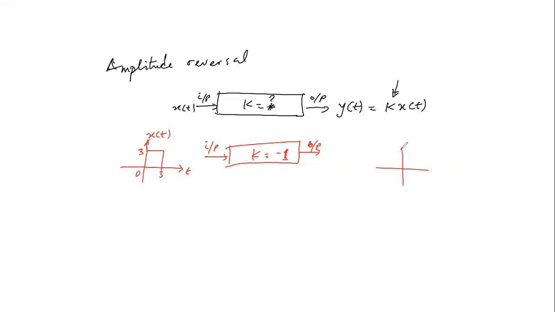At the output, this is t, this is s of t. We multiply this amplitude value by -1, so that's -1 times 3. So we're going to have -3, somewhere here. I'm going to be plotting that. So this is a simple way to perform amplitude reversal of a signal.